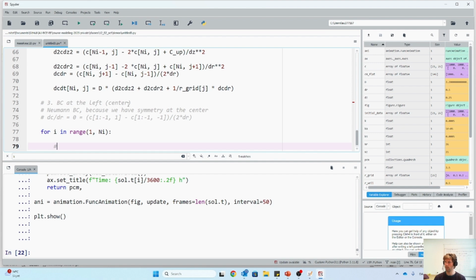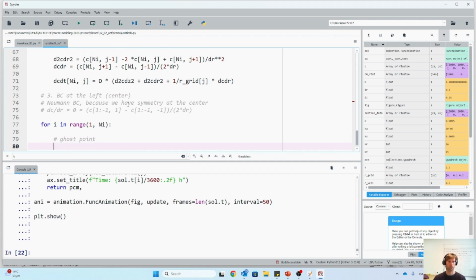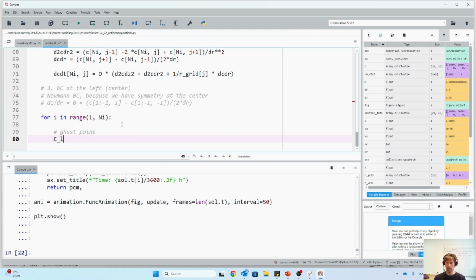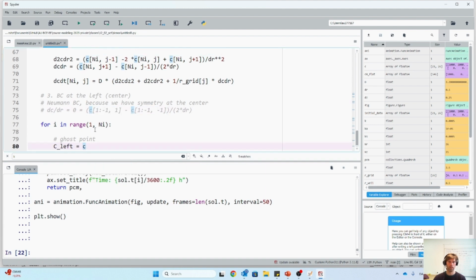And first we will define the ghost point. We call it C lift. So that was actually just this one, which was equal to this one. And instead of having these indices, it should be like this. So it will be at I and then position 1.